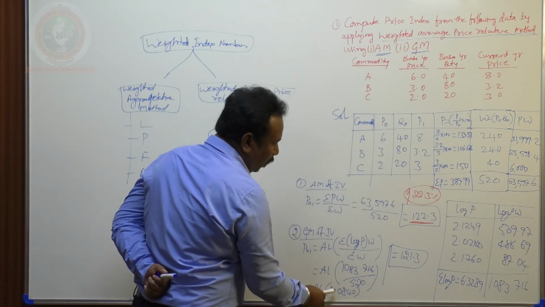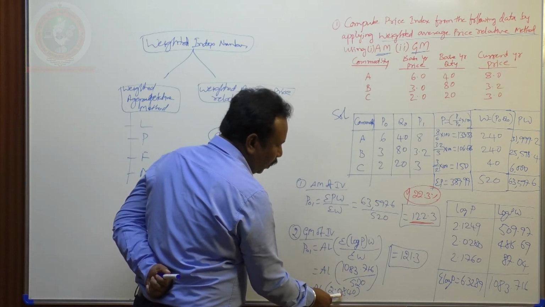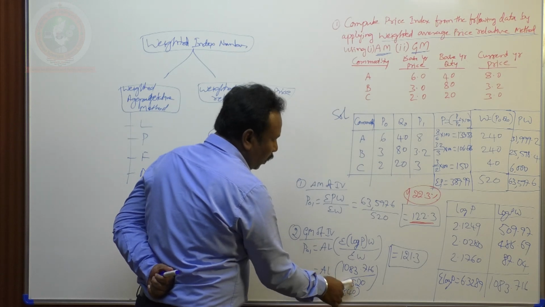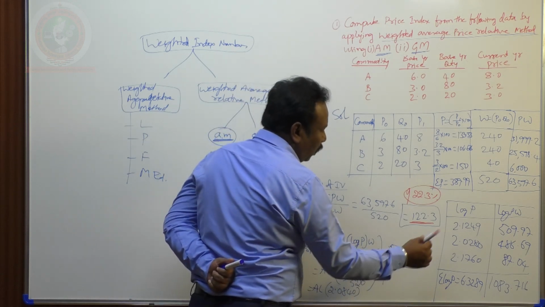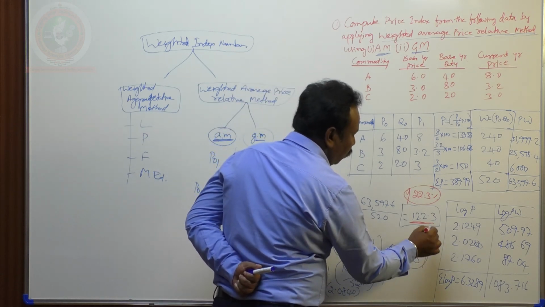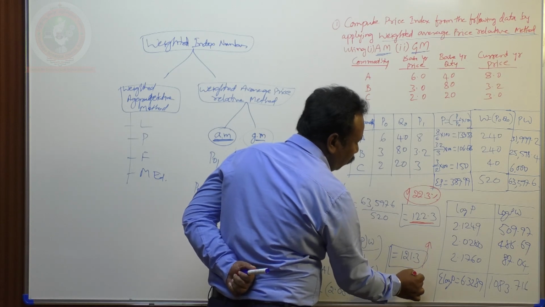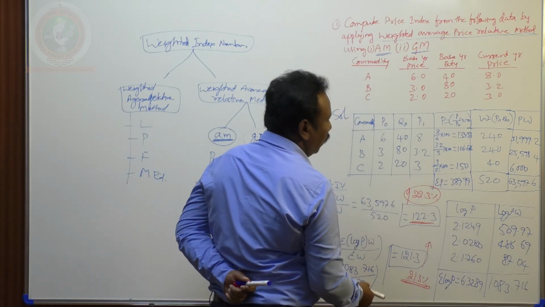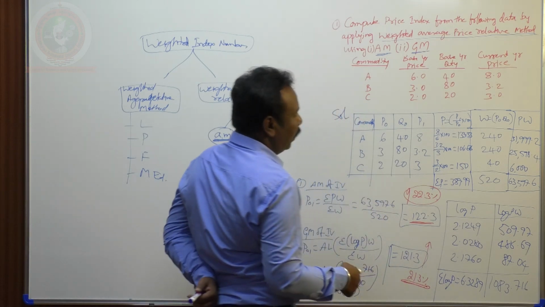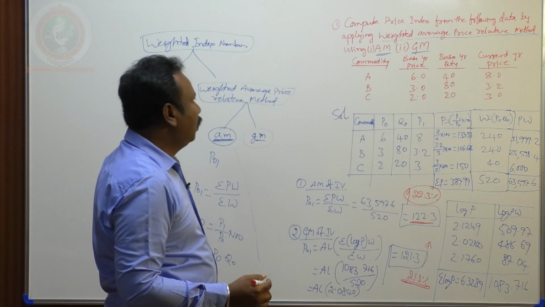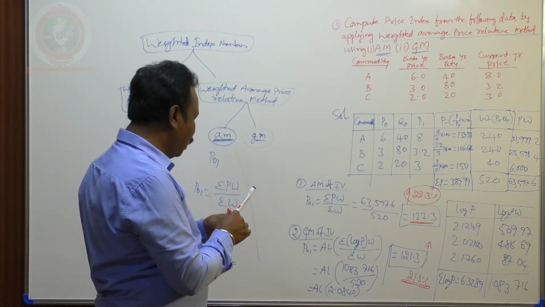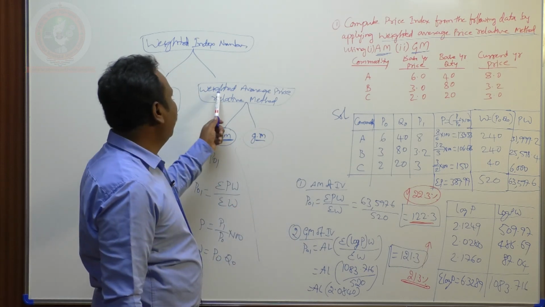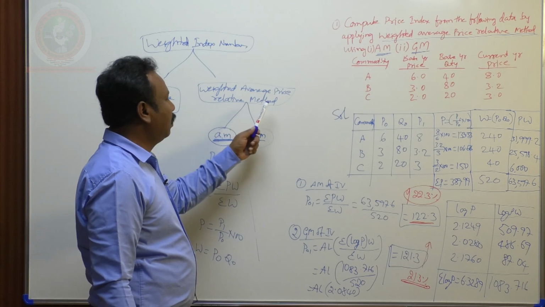Simplifying this, we get 2.0840, then the anti-log of this is 121. So here it indicates that price relatives have increased by 21.3% compared to the base year. So this is the solution under the weighted average price relatives method.